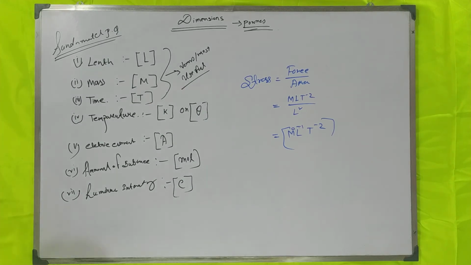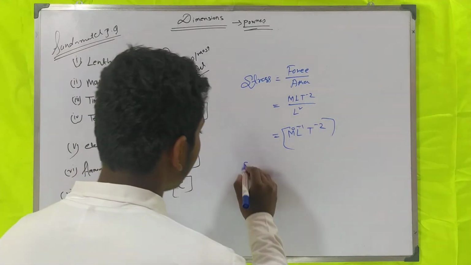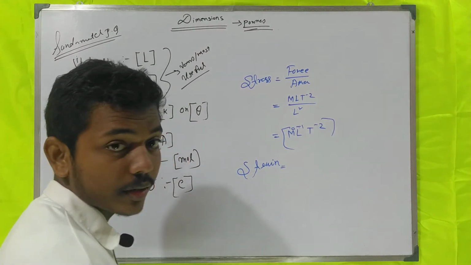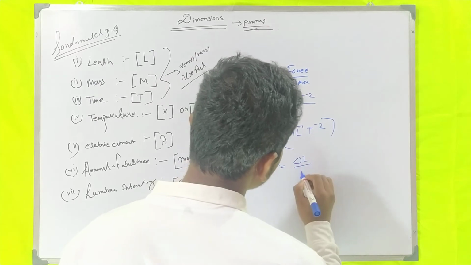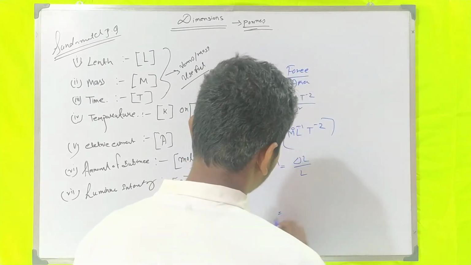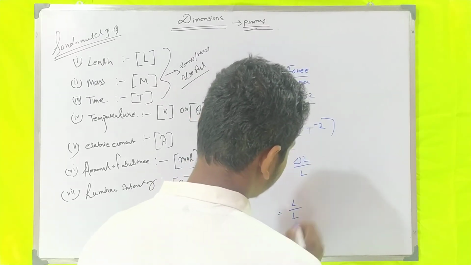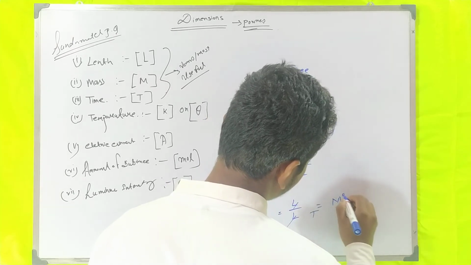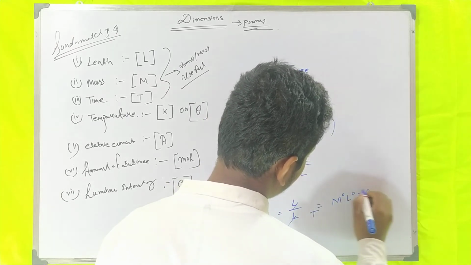Now we can find the dimension of strain. The change in length by the normal length means L by L, means M^0 L^0 T^0.